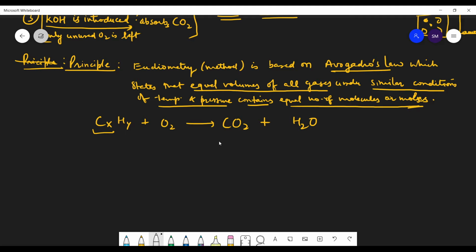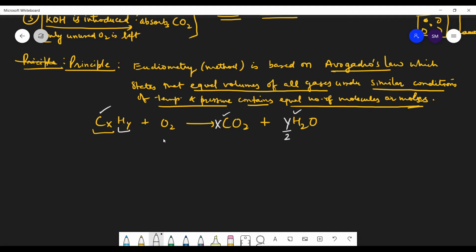Now how many hydrogen do I have? y. Carbon is balanced. Hydrogen is not balanced, so here I should have y by 2. So now hydrogen is balanced, right?